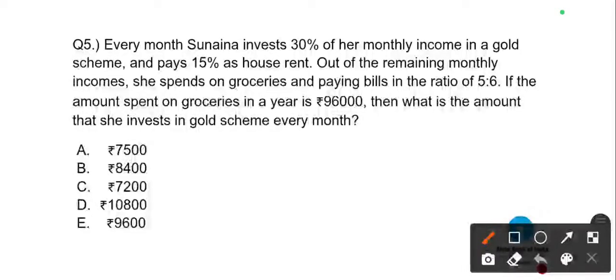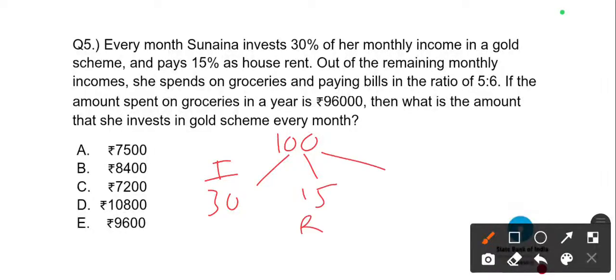Every month, Sunaina invests 30% of her monthly salary in a gold scheme and pays 15% as house rent out of the remaining monthly income. Okay, let's take 100. 30 is invested and pays 15% for rent, left with 55.